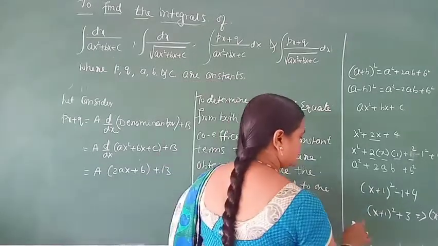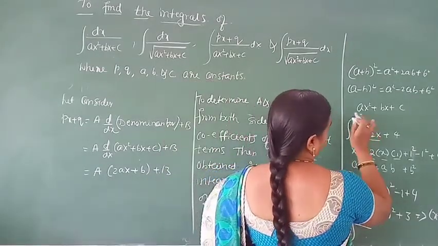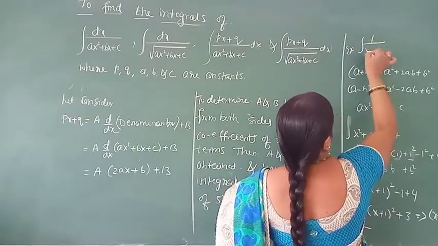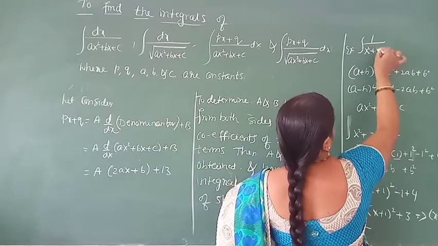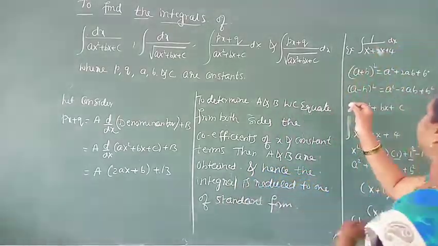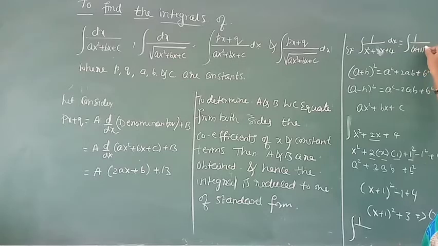Next, for example, if we are asked to calculate the integration of dx over x square plus 2x plus 4, the denominator we already solved. This is in the form of 1 divided by x plus 1 the whole square plus root 3 square dx.